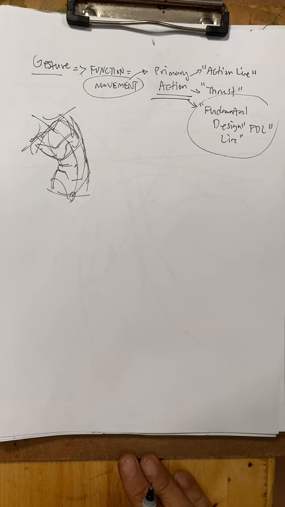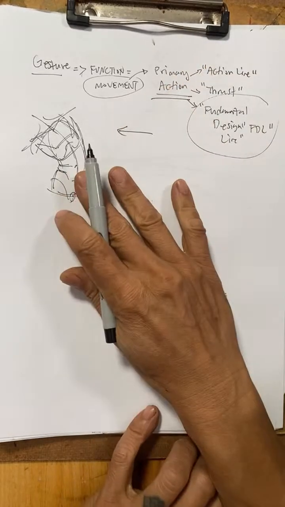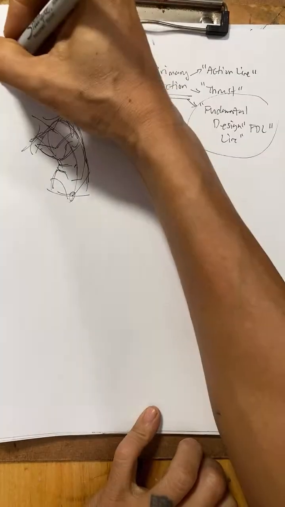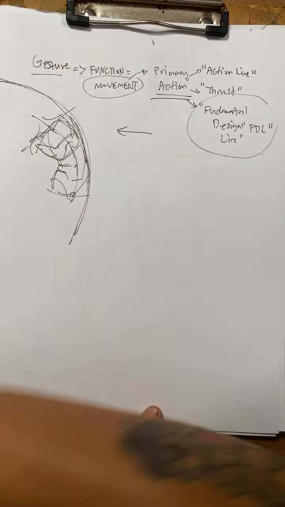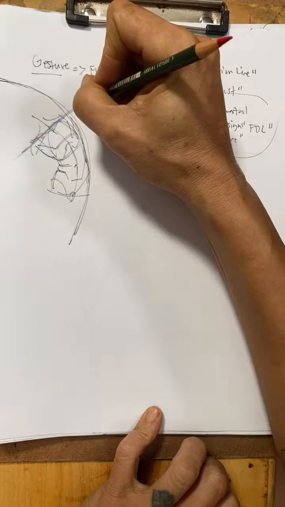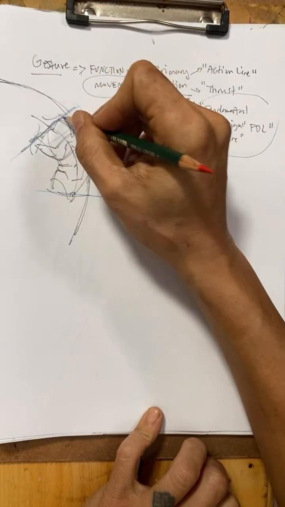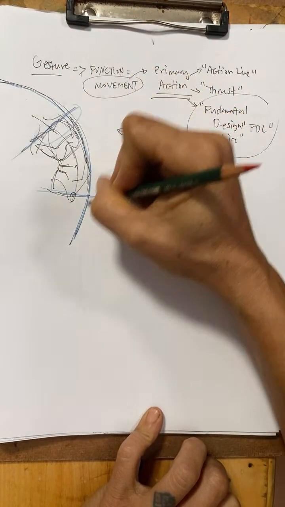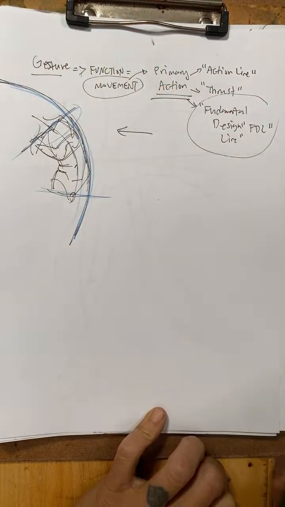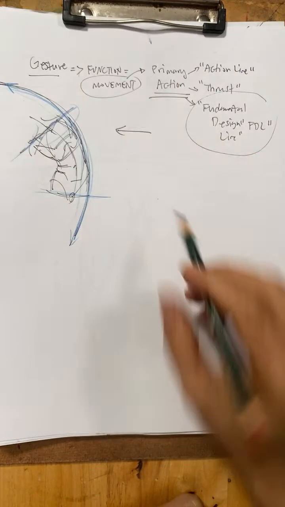So the primary movement or action of this pose, we know, remember, long and simple, is this long C curve that relates the shoulder line, shoulder to the hip. So we know that. That is the action of this pose, of this form.